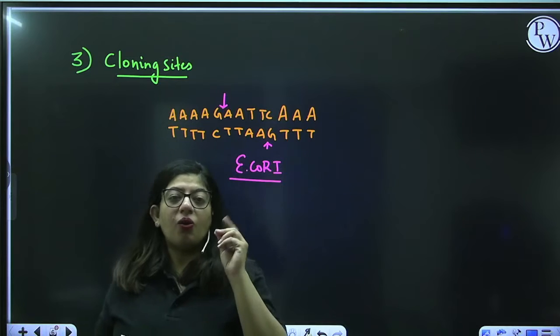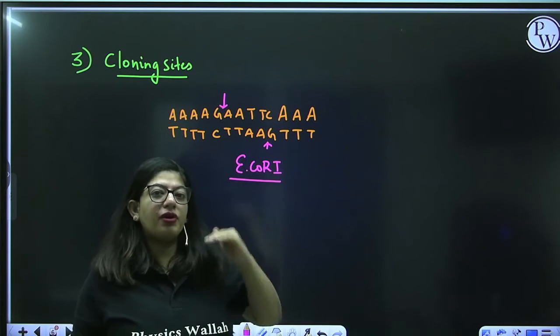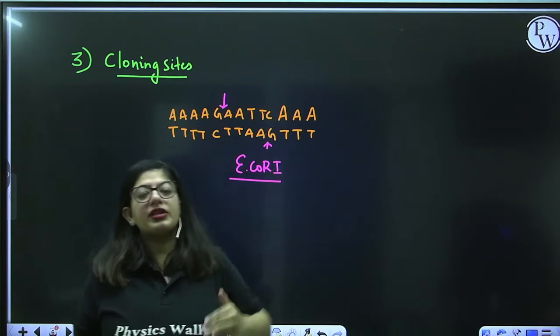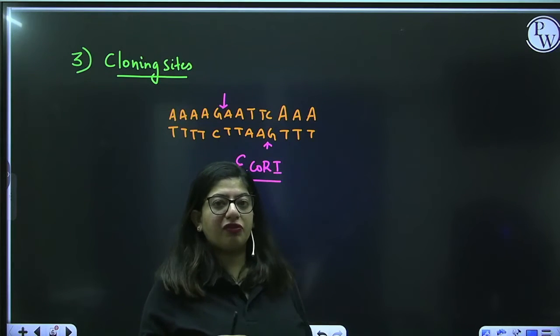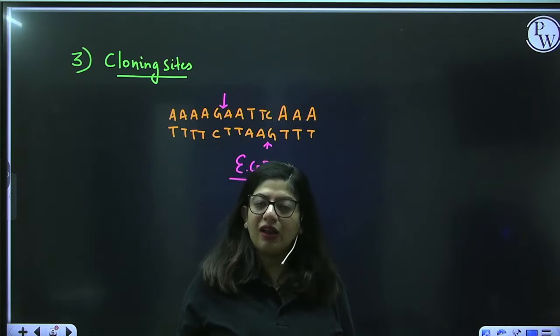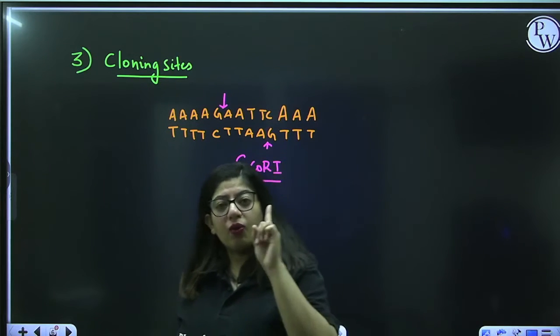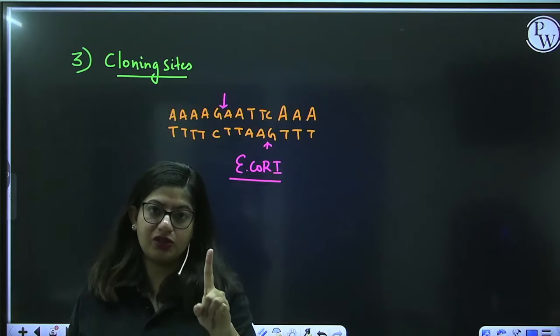Right? Now, one thing that you should keep in mind is that you can have a number of cloning sites for different types of restriction enzymes. For example, if I have a vector, I can have restriction sites for EcoRI, BamHI, SalI, PstI or HindIII. But for one restriction enzyme, I should have only one restriction site.